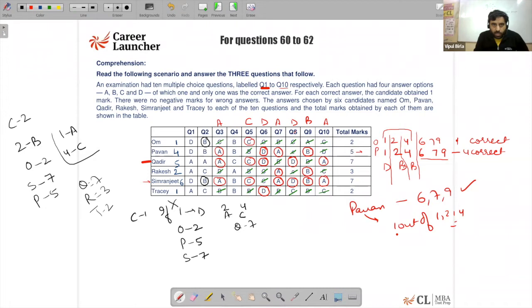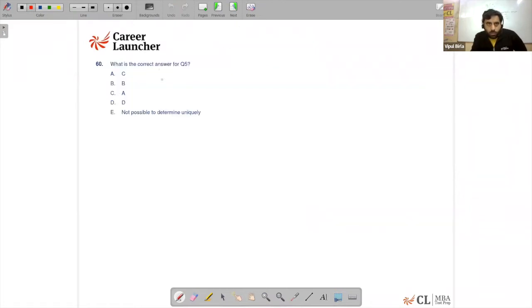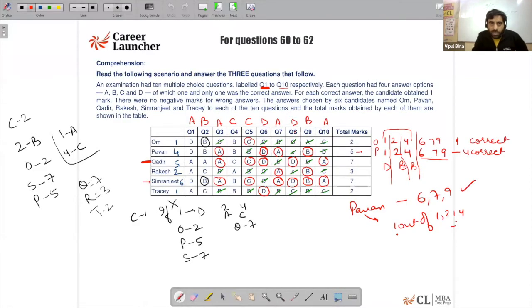Therefore we get to know second is B, first is A, and fourth is C. Okay, so this is how you'll be able to get all the correct answers. Let's look at the question that they've given. What is the correct answer for Q5? So Q5, C is the correct answer. That means this option is correct.